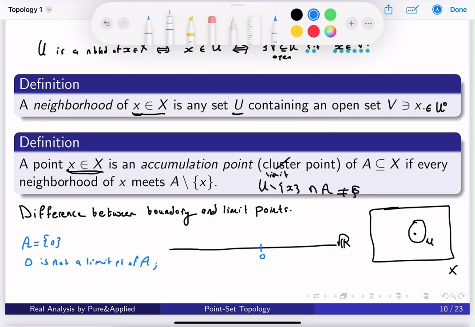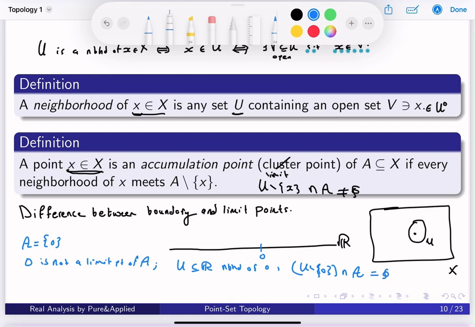It's because if I take any neighborhood of 0, if I take U in R, for example an open interval about 0, then if I take 0 out of U and I intersect it with A, A contains only 0, so there are no other elements, so this is empty.